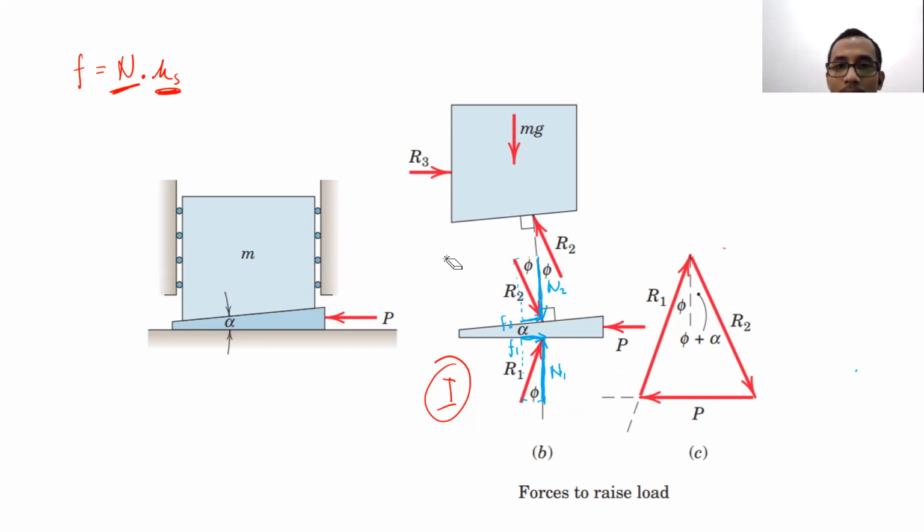The second free body diagram here is actually this is the friction force 2, and this is the normal force 2. Okay, and if you sum both together, what you will get is the R2 like that.